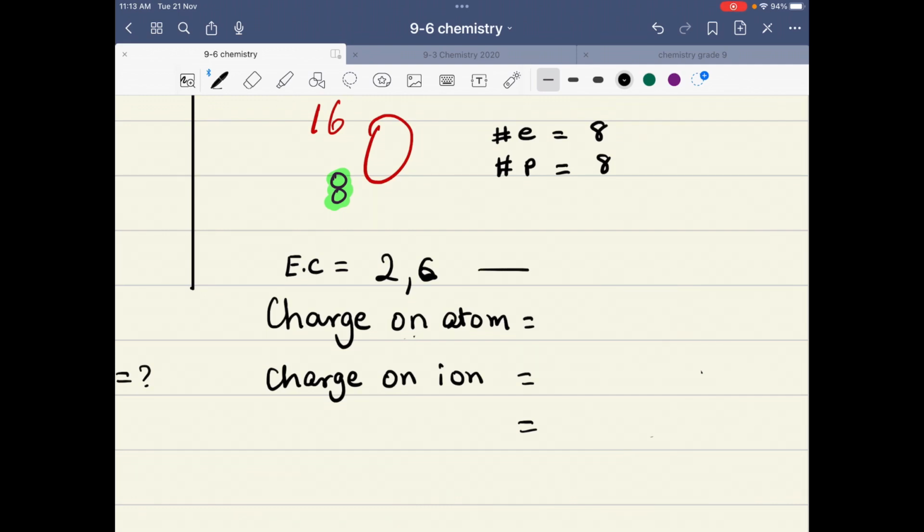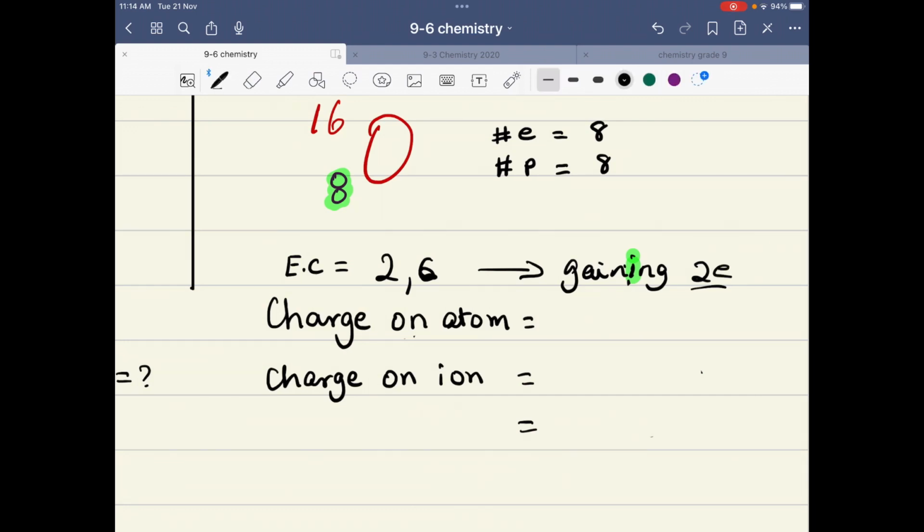So as you can see, oxygen will be gaining 2 electrons. Why 2? Because you need only 2 more to make a full outer shell. You add 2 to 6, you get 8. The octet rule still applies.